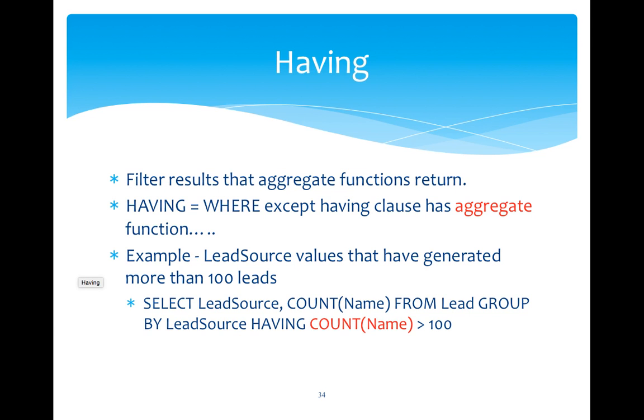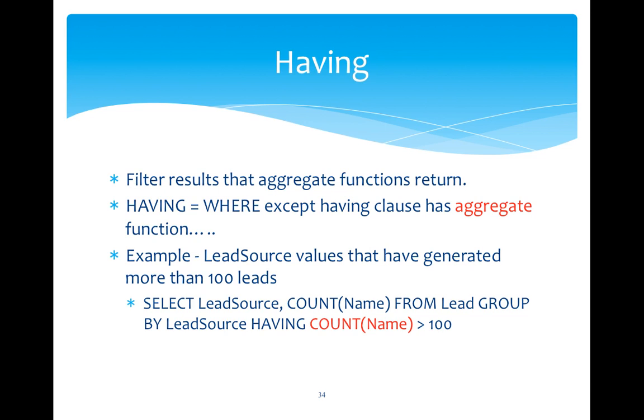There is another thing which is called having. Having is equal to where, but it differs in one aspect, that is having would have a filter criteria as an aggregate function, but in where we have seen that we can include several kinds of criteria, like where name equals so and so and id equals so and so.